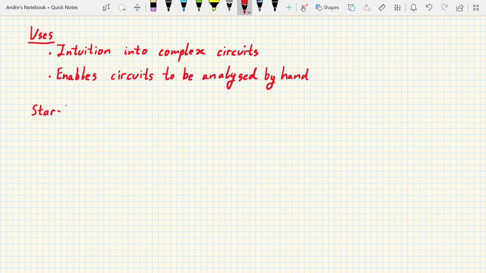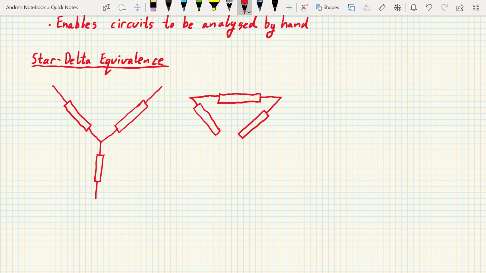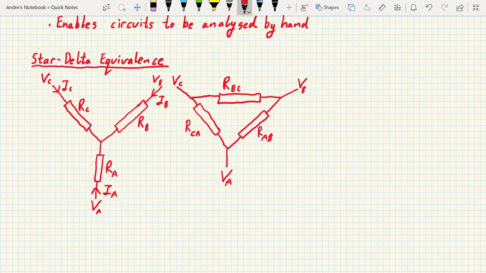So the star-delta transform is all about where we have two networks, A and B, and in one case we have three resistors arranged in a star, and in the second case, B, they're arranged in a triangle, a delta shape. And what we do is to calculate the resistor values in one network as a function of the resistor values in the other, such that the networks are equivalent.